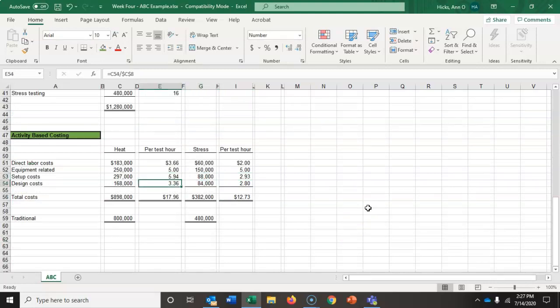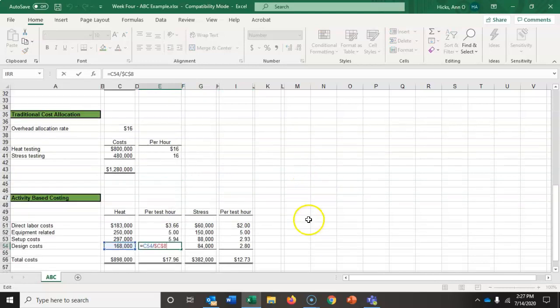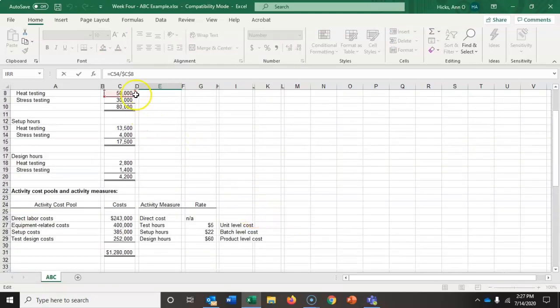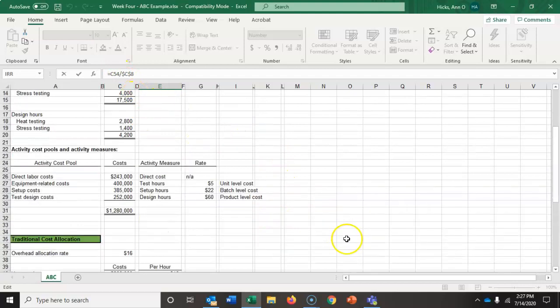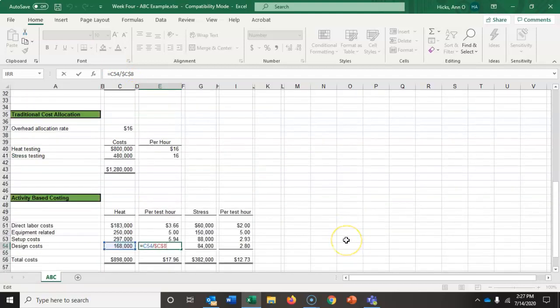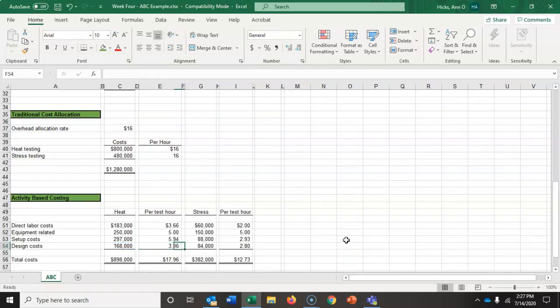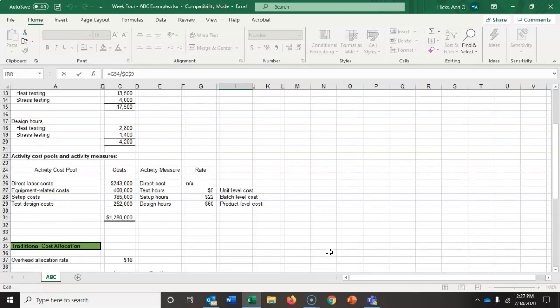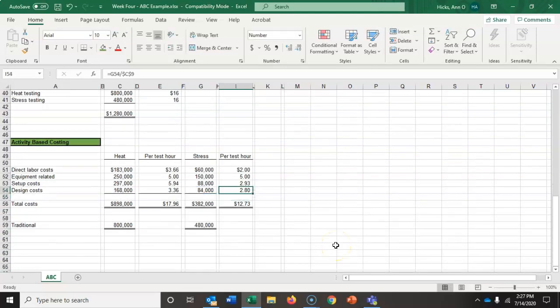And then lastly, the design, if we take heat testing design and divide it by the number of hours we're billing our customers for, we get a rate of $3.36. For the stress, dividing it by the 30,000 test hours, we get a rate of $2.80. So with the exception of equipment related, where the test hours would have been the appropriate allocation base, everything else was not appropriate.